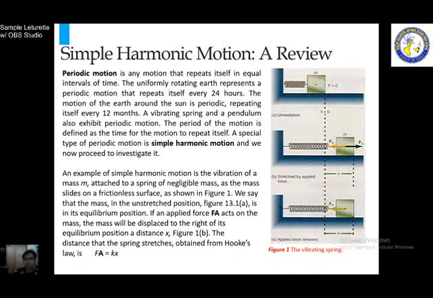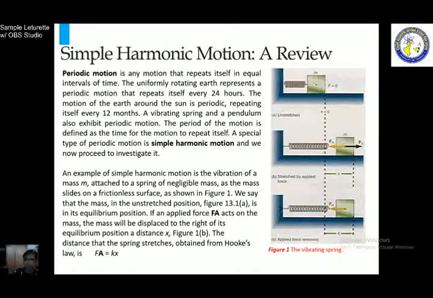Another example is the rotation of the earth, or even the movements of the hands of the clock. These are periodic motions because they repeat themselves in what? In the same amount of time. One special type of periodic motion is simple harmonic motion, which we will discuss in this module.